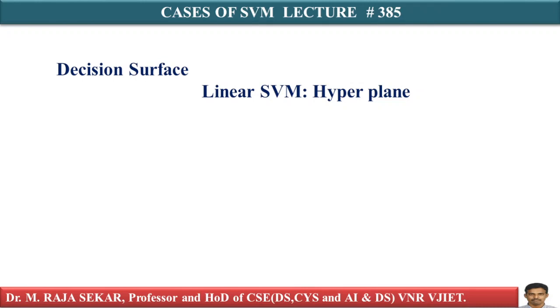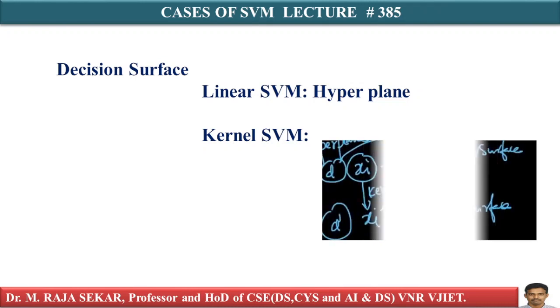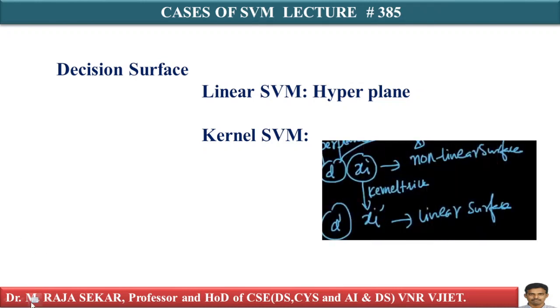So for kernel SVMs, in the original space, in the d-dimensional space where your points xi lie, your decision surface could be a non-linear surface, isn't it? What does it mean? In the case of kernel SVM, your point xi is in d-dimensional space.